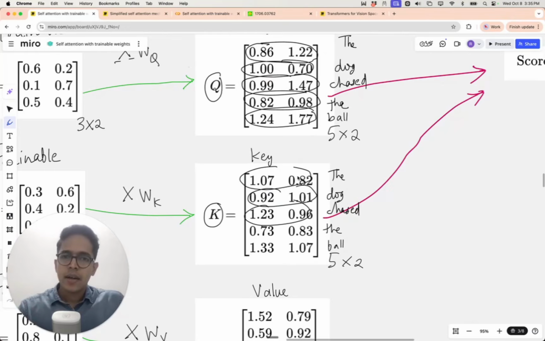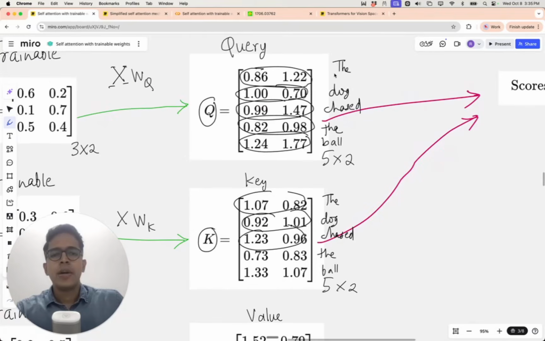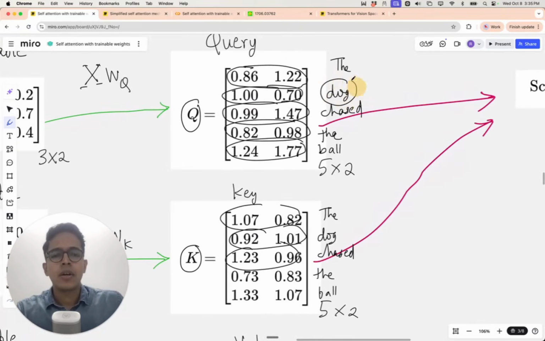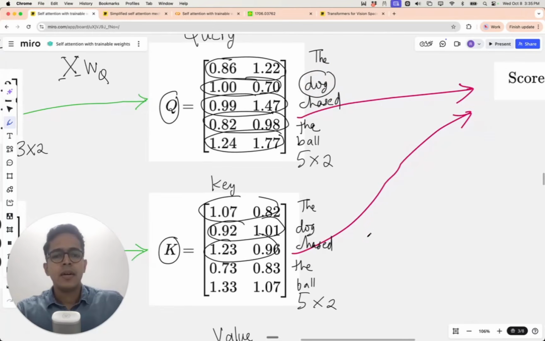Now earlier in simplified self-attention, what did we do? If we wanted to calculate how much attention dog should pay to the, we took the query and multiplied it with the key. So if we want to know how much attention dog should pay to the, we take this 1.00, comma 0.07, 0.70.